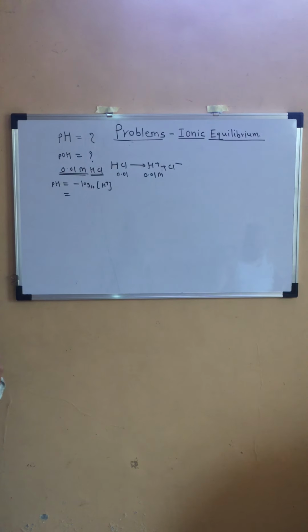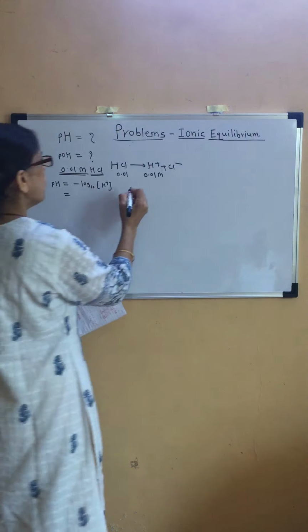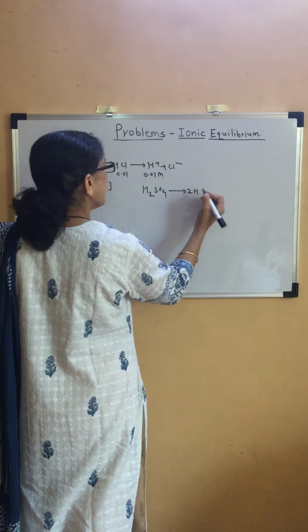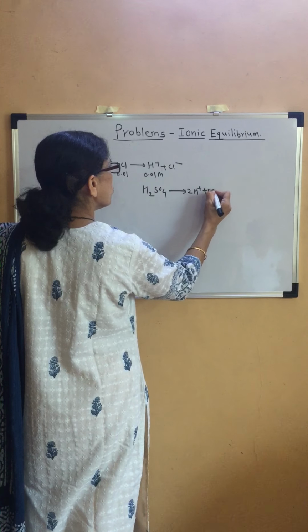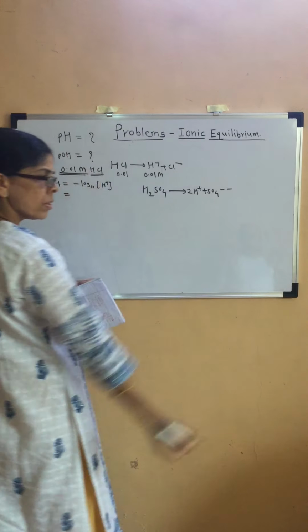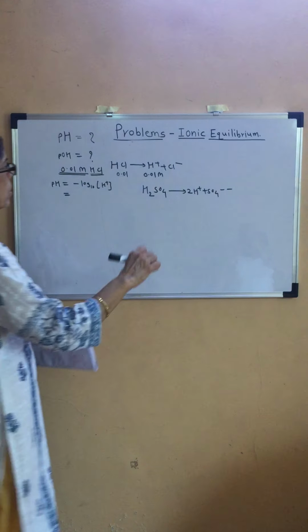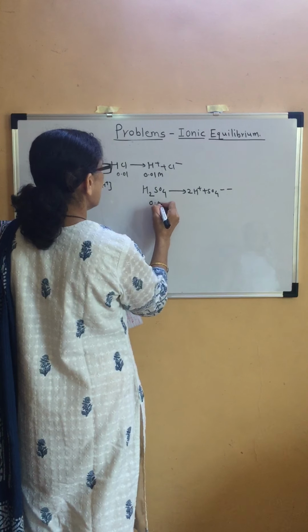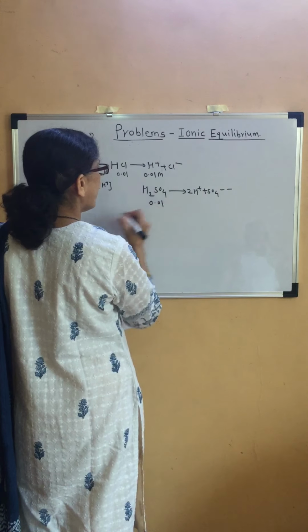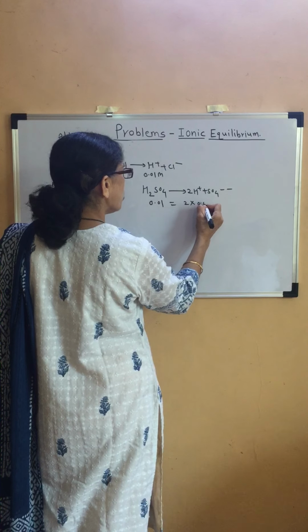If it would be H2SO4, just for understanding, it will dissociate to form 2H plus and SO4 2 minus ions, isn't it? And if the concentration is given as 0.01, then we have to substitute in the problem H plus ion concentration as 2 into 0.01.